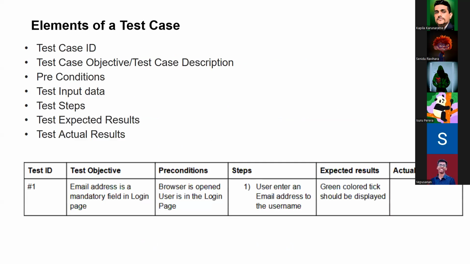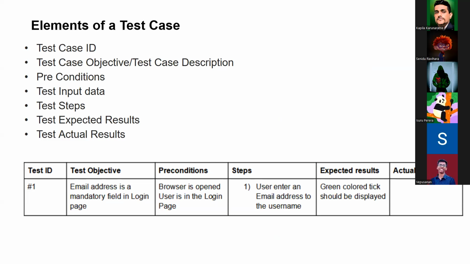Right? So before moving on, this is a sample template of how we write test cases in the industry. Basically, we will write it as a table. In the table, we will have a test case ID, which is mandatory. We should always have a unique ID. Then we need to write a test objective, what we are going to test. So basically, the email address is a mandatory field for the login page. This is just a sample, right?